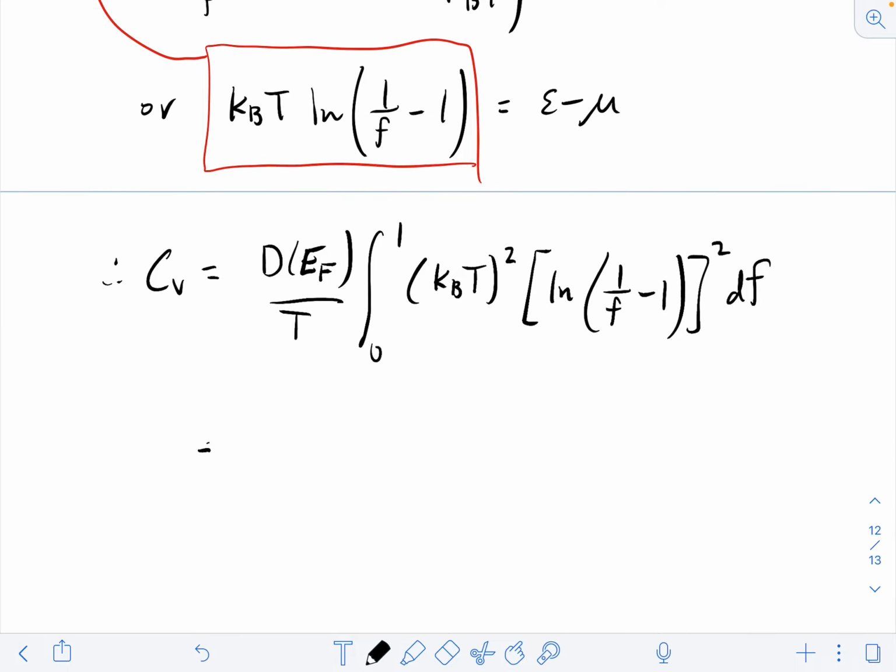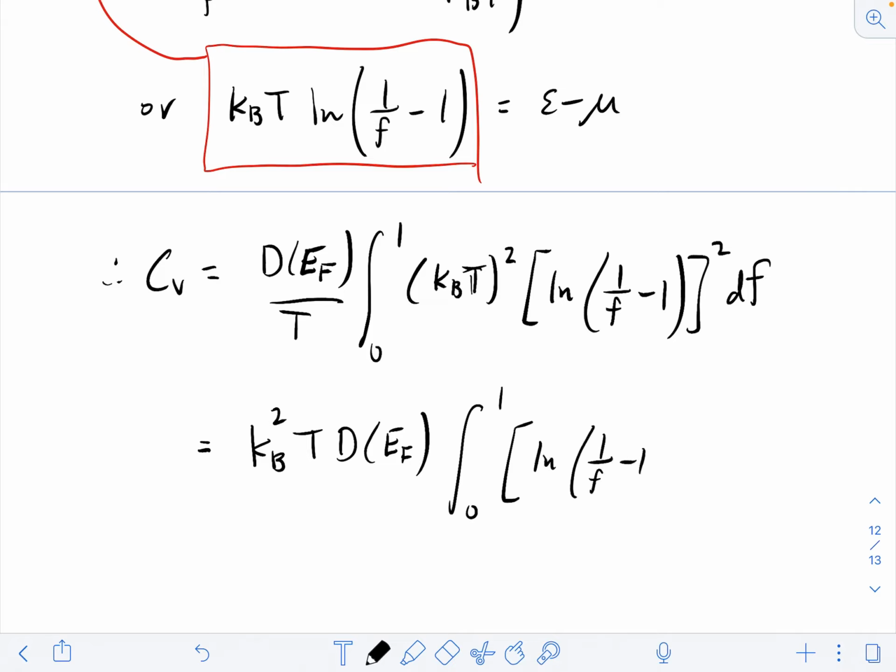So finally, the heat capacity is kB squared. Then we have a T squared divided by T, so we get a T. Then we have our density of states at the Fermi energy. And then we have this integral 0 to 1 of ln 1 over f minus 1 squared.